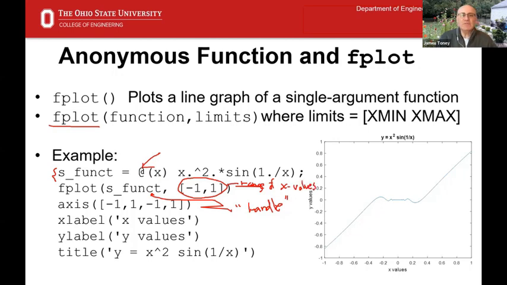All right. So what do these two lines say? They say create a function called sfunct, defined by this mathematical expression, and then plot it over the range of x values -1 to 1.